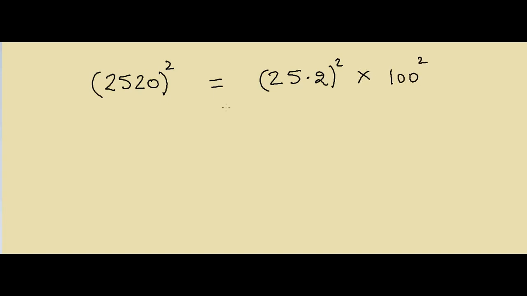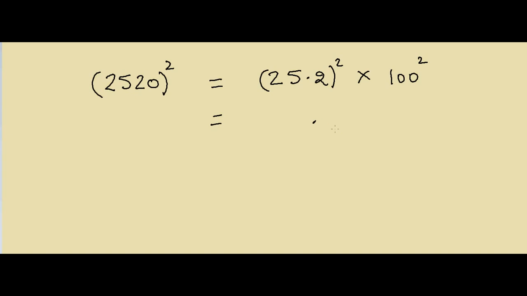Now we can make this calculation more complicated. For example, if I have 2520, I have to take the square of this number. If you think about it, we already did calculate a similar number, so we can always write this as 25.2 square into 100 square, right? Now how did we do this calculation? So it was 0.04.